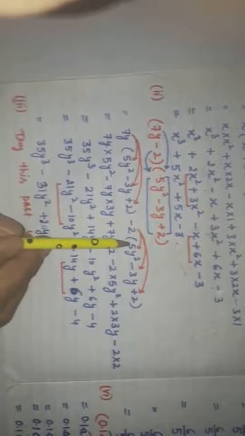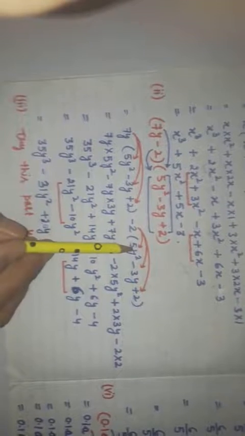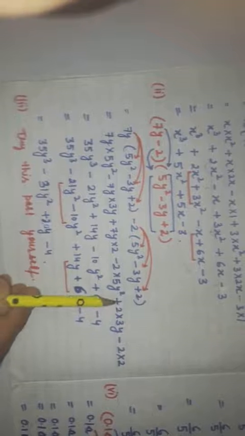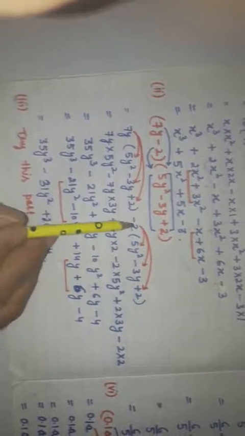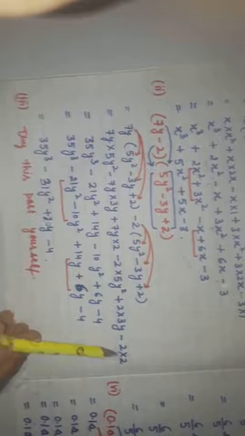plus as it is 7y into 2, then minus plus minus is there, 2 into 5y square, minus minus plus minus, plus 2 into 3y, then minus plus minus 2 into 2.